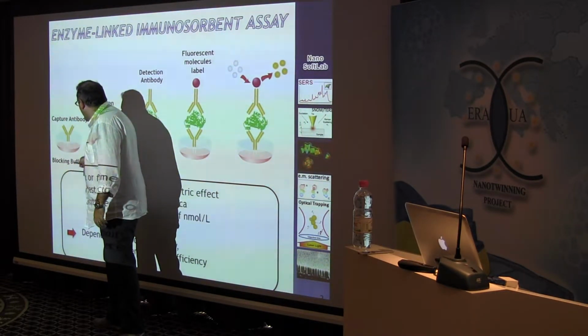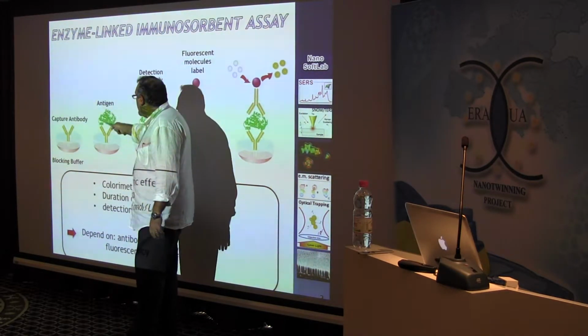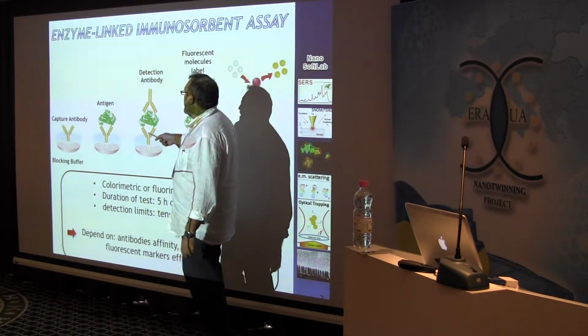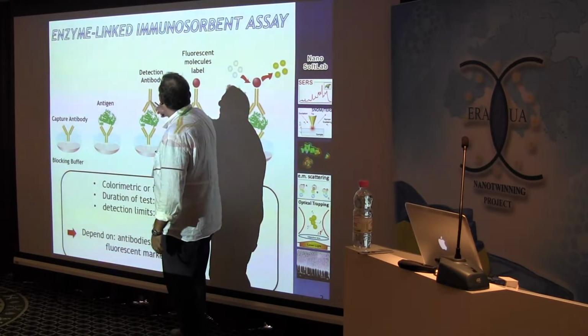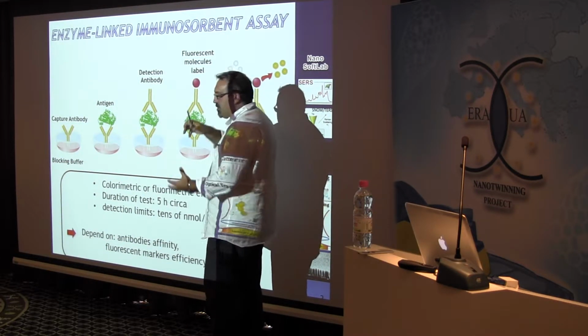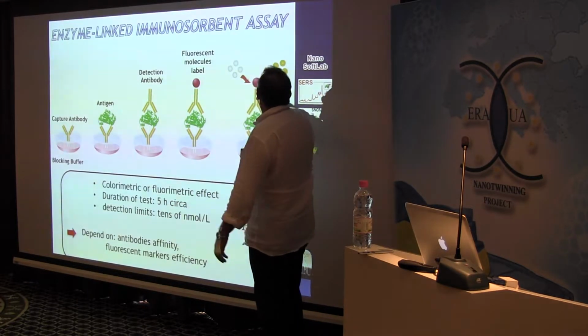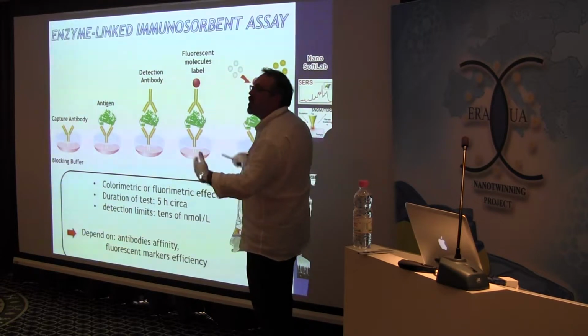So you first functionalize your substrate with an antibody, then you bind your target, your antigen, to the antibody, and then to detect these, you need a fluorescent probe. So there is a secondary antibody that is typically bound to a fluorescent molecule. Then you shine light. If you see the fluorescence, this process has occurred and you have the protein, otherwise not.